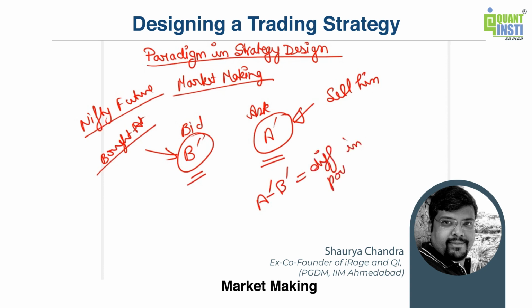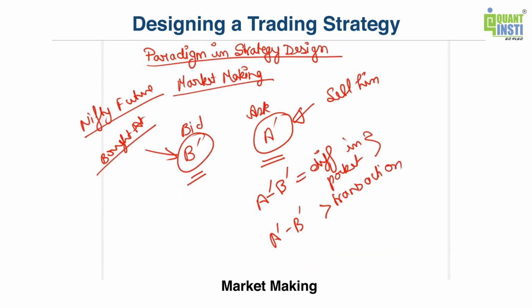So this is where I always try and keep standing on the bid and ask side such that I get to pocket the difference, and my idea would always be that A dash minus B dash is greater than my transaction cost, so that I really make some profits. That is the idea of a market maker who would like to stand in the market at various points and try to make the difference.